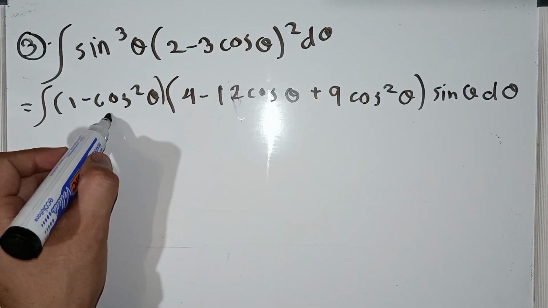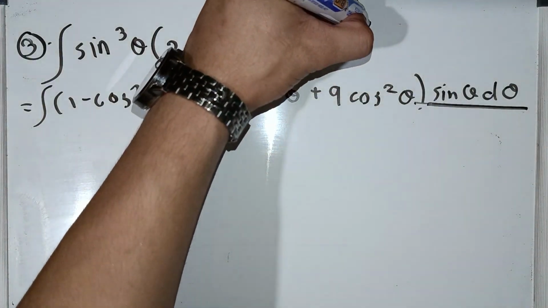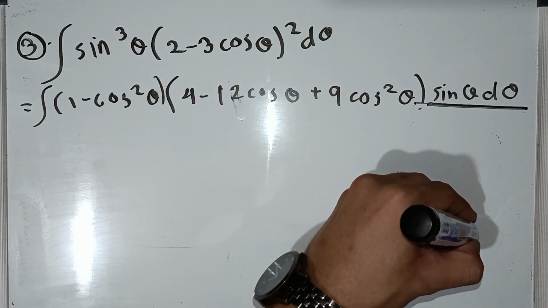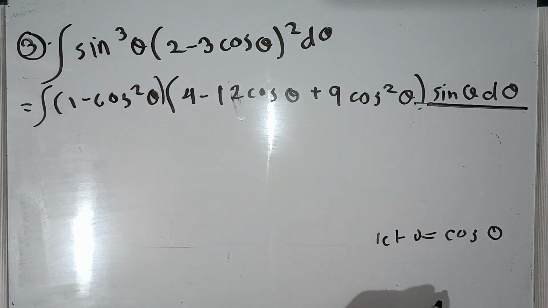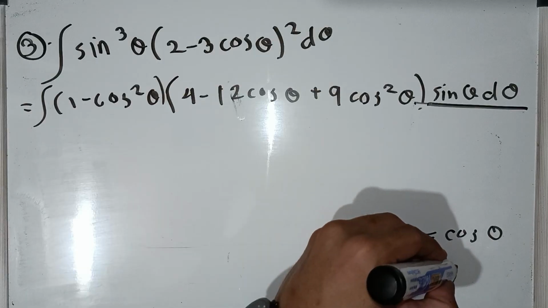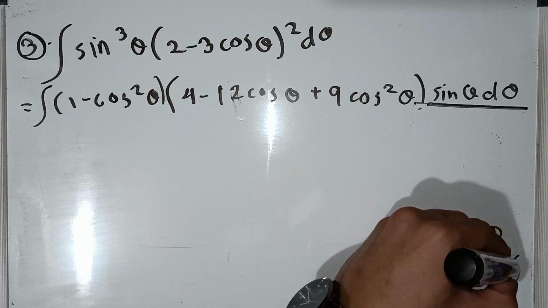Now letting u is equal to cosine theta to get rid of sine theta d theta. So u is equal to cosine theta, and the derivative of cosine theta is equal to negative sine theta d theta.